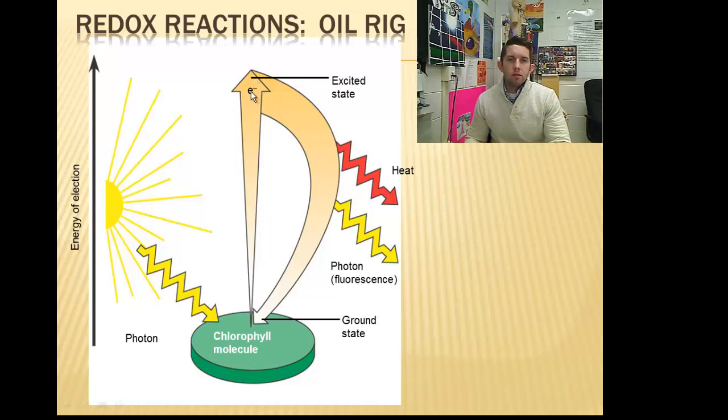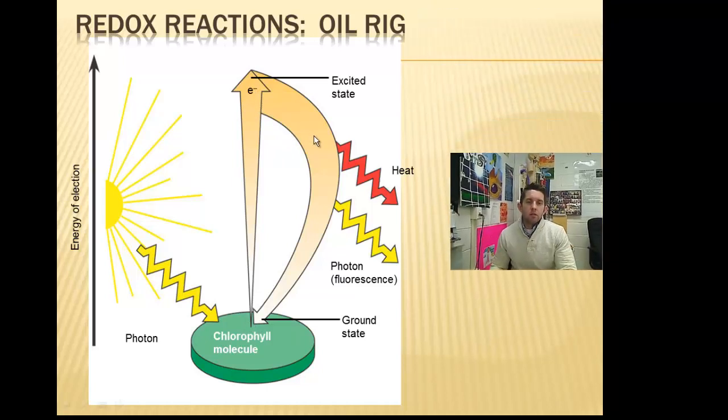Okay, so you can see that. But in a functioning plant, there's going to be a primary electron acceptor here to take this electron and use its energy. So redox reactions are key in this process. We're going to be losing electrons from chlorophyll. Down here at the ground state, they're excited, and their energy is passed on. So let's look at it.